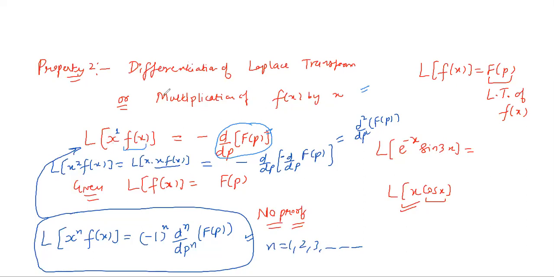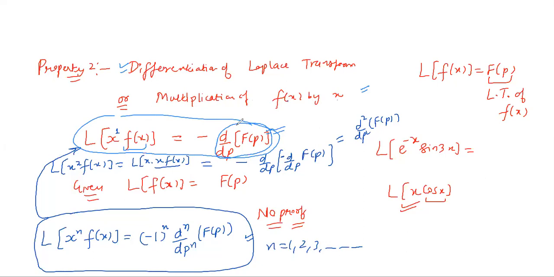उसका लैपलेस ट्रांसफॉर्म पता होता है। So why is this given this name? This is because of the right hand side. So if you want to understand this same statement from the perspective of small f function, we remember it like, okay, what happens when you multiply small f with x, or we say what happens when you differentiate the Laplace transform. I will connect it when we will be studying inverse Laplace transform, right?